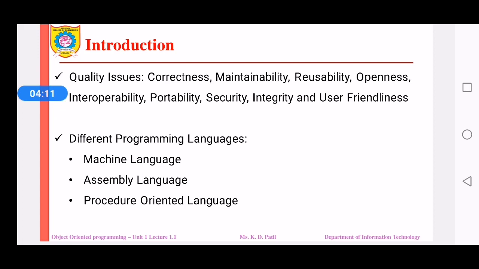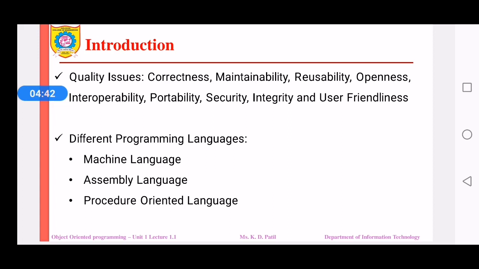The errors are easier to detect and correct, and we can modify the code easily. But as the code is not portable, and it requires the extra assembler to convert the code into machine language, those languages are not used nowadays, and a new language comes into the picture, that is procedure-oriented programming language.